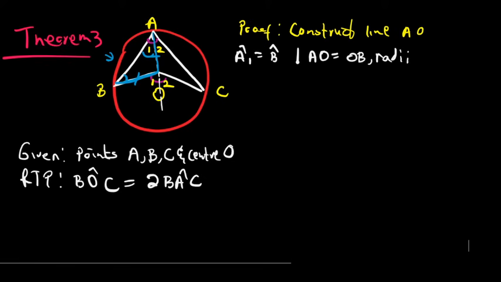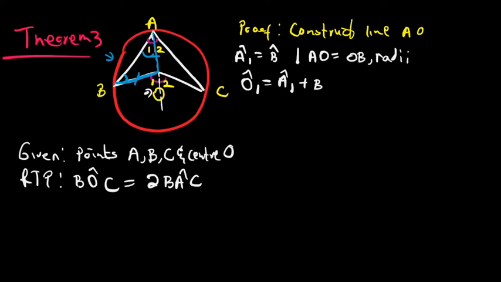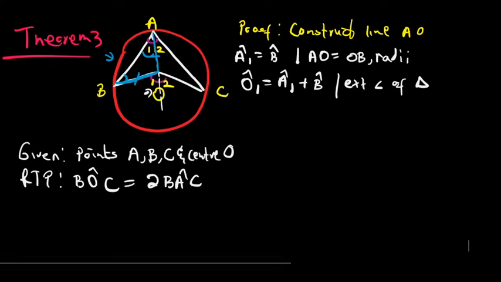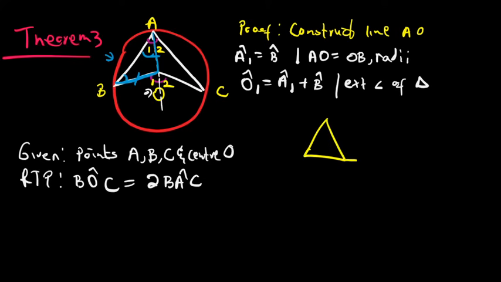The second thing that we can identify here is that angle O1, which is this one here, is equal to angle A1 plus angle B. The reason for this is exterior angle of a triangle. If you remember clearly your exterior angle, if you have a triangle like this and it has an extension here, this angle here and this angle here will give you this angle here. So that is your exterior angle of a triangle.